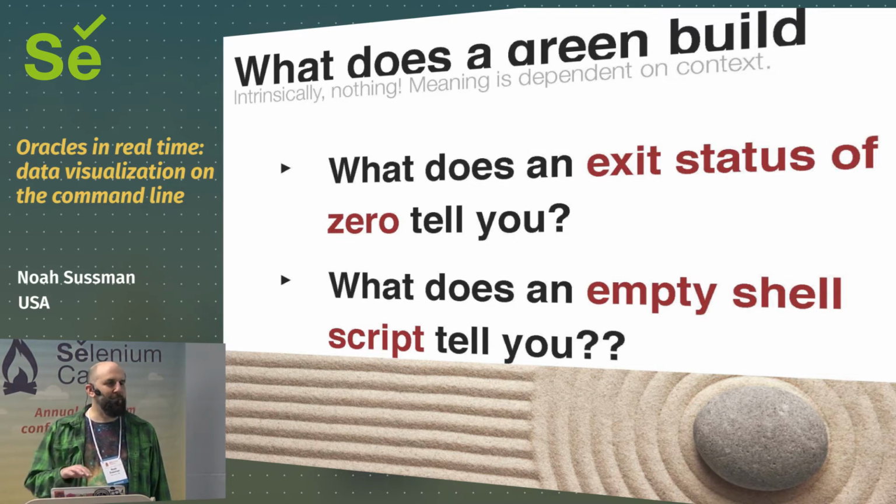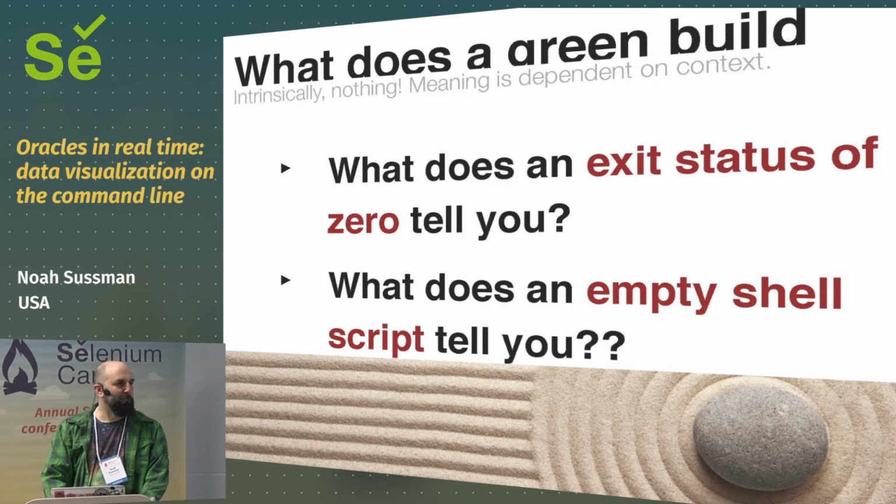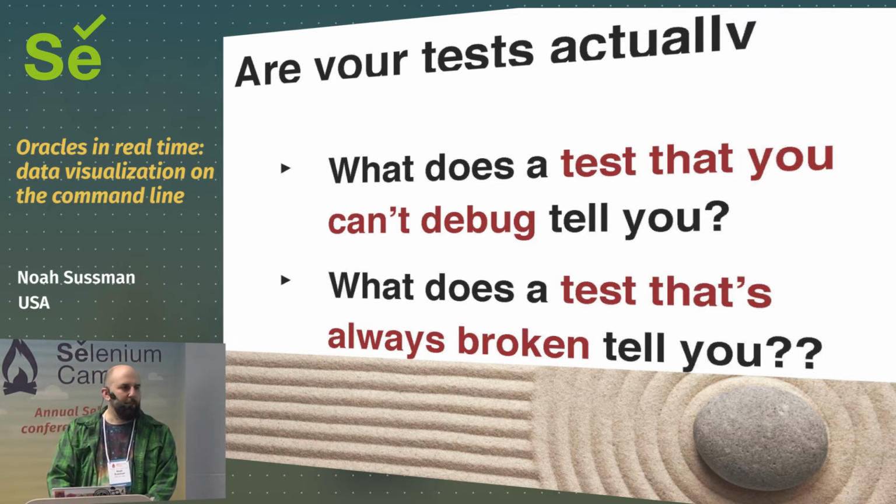So there are these gradients of understanding and knowledge around our tests, and as the people closest to the tests, we're responsible for being arbiters, or better, providing systems that can be arbiters of that knowledge, oracles. These are questions that I love to ask people who have big suites of tests and no oracles.